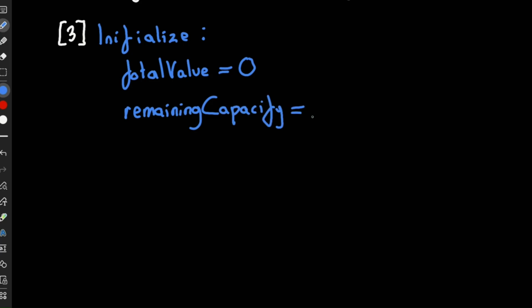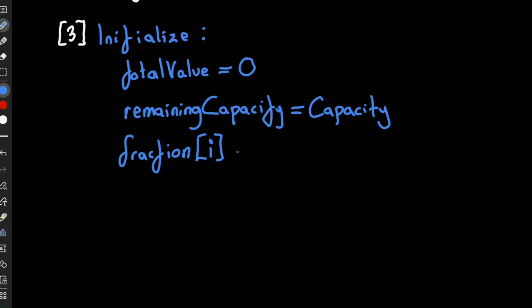And I will initialize it as capacity. It will decrease gradually. And I am initializing an array which will hold the percentage of each item we are taking. In the beginning, I will say 0 for each item I.